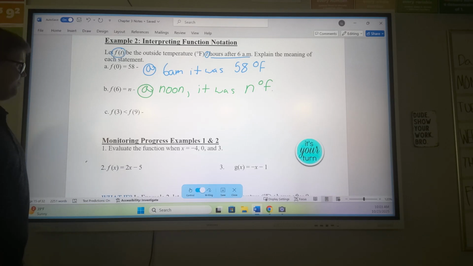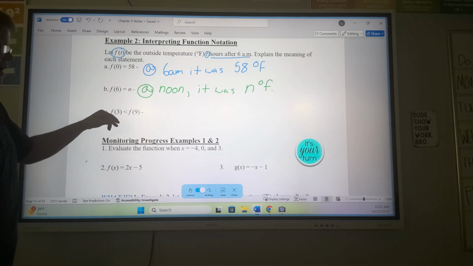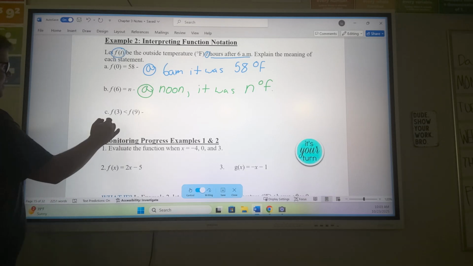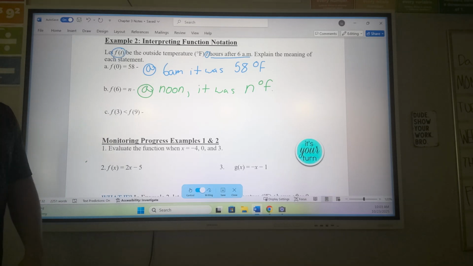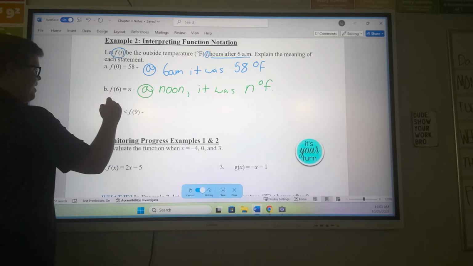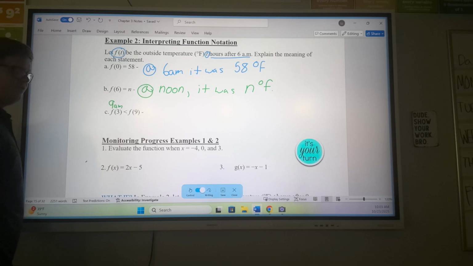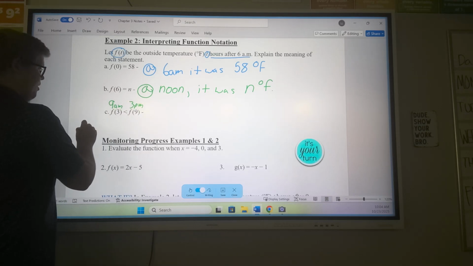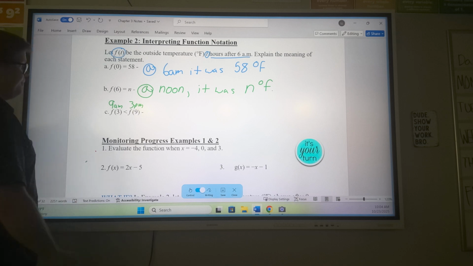Okay, this situation, it may be easier to figure out the times before we write it out. F of 3, that means 3 hours after 6 a.m. 6, 7, 8, 9. So f of 3 is 9 a.m. At f of 9, well, f of 6 was noon, so 3 more hours is going to be 3 p.m. Okay, now we have to interpret what our inequality is telling us.